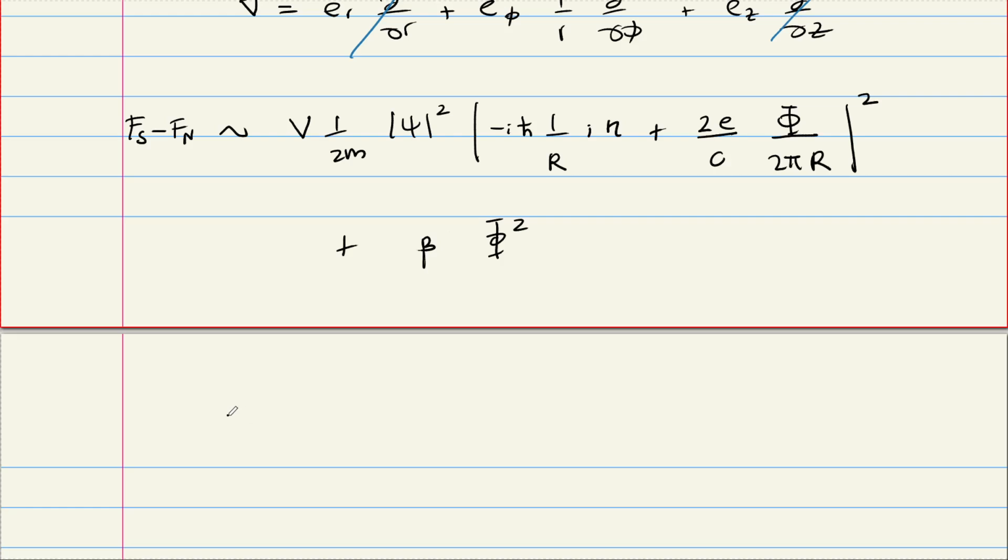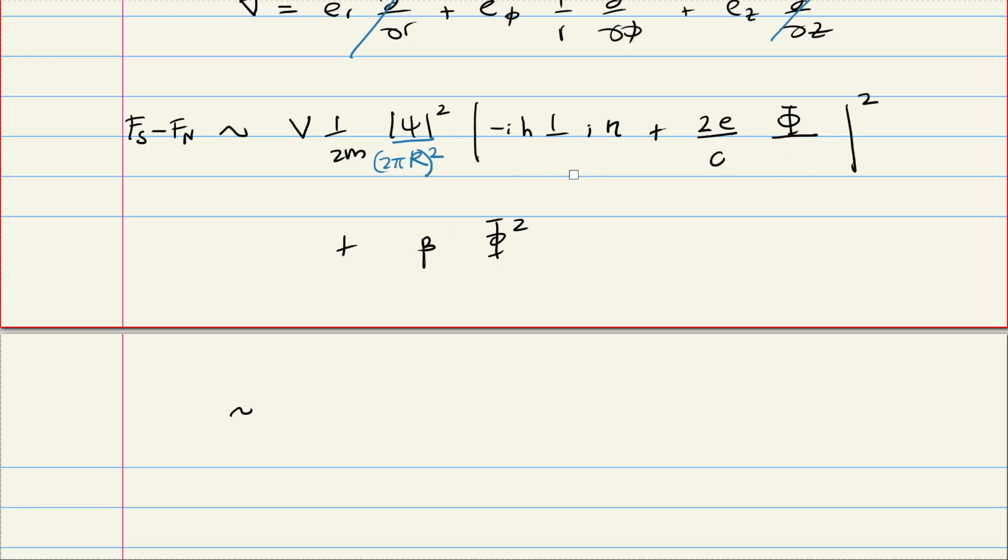Therefore, this action is of the form: first let me take this r squared outside, and I want to take this 2 pi outside, so this is 2 pi r squared, so this one is gone.